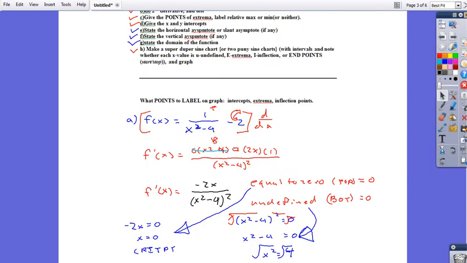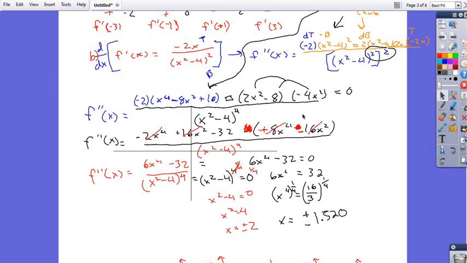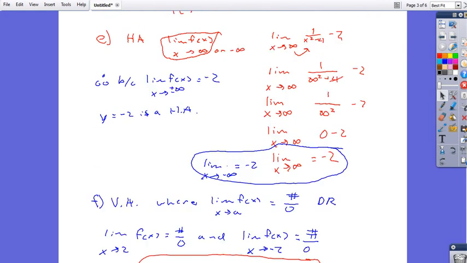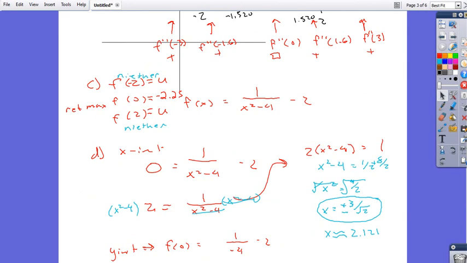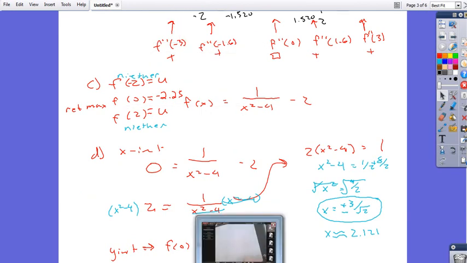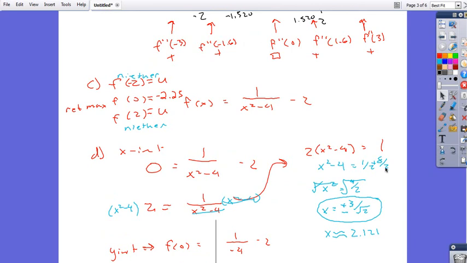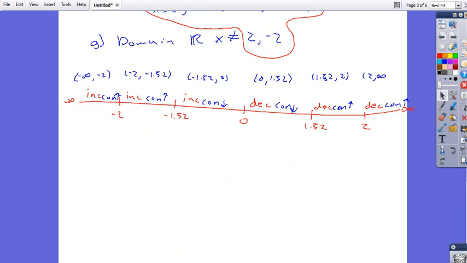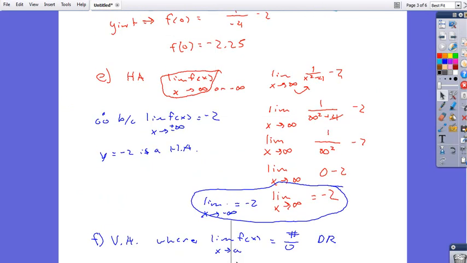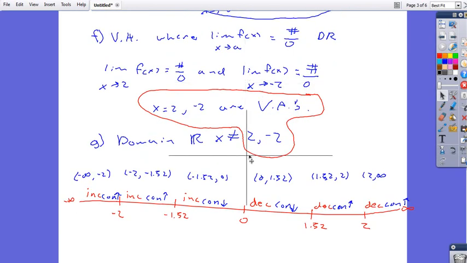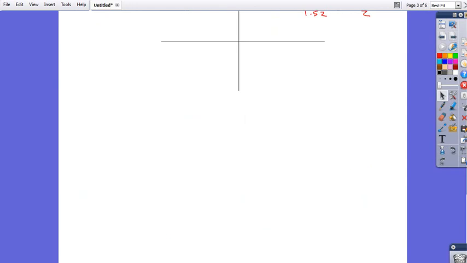Okie dokie. Oh, there you are. Game of Where's Waldo. Almost there. Alright, so here we go.